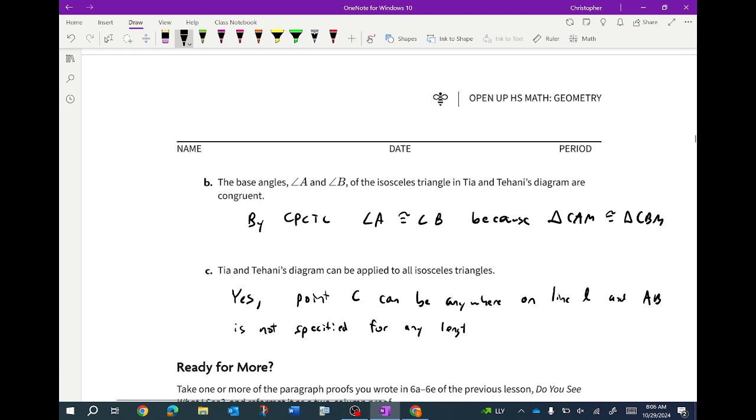So we can make any isosceles triangle, and this will all be true. Okay? So we've essentially proven that the base angles of an isosceles triangle have to be congruent.